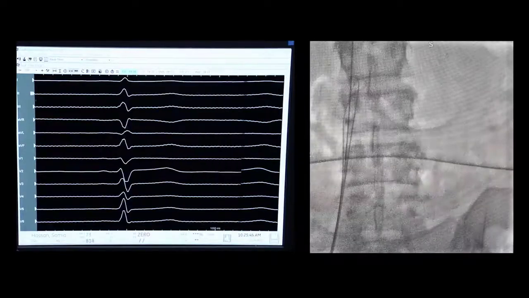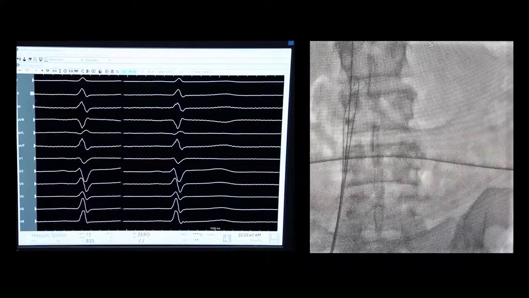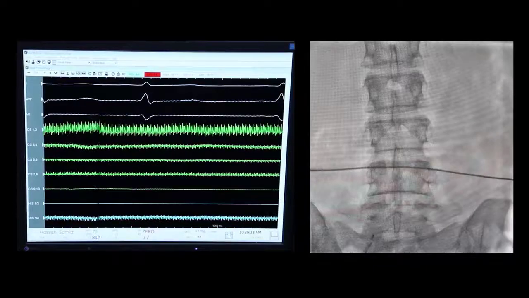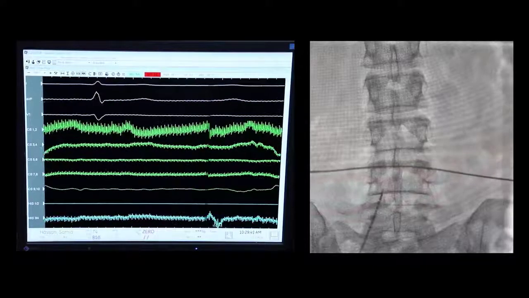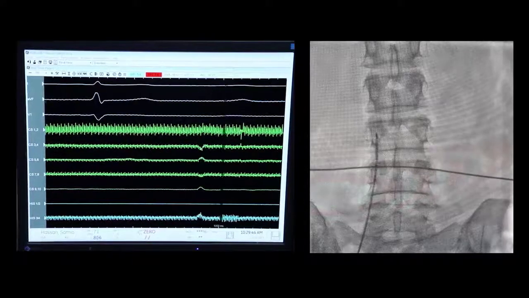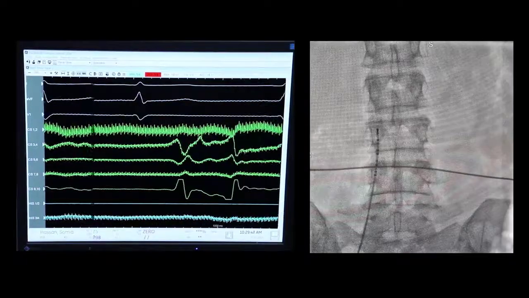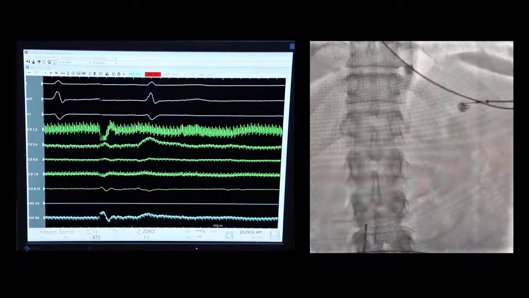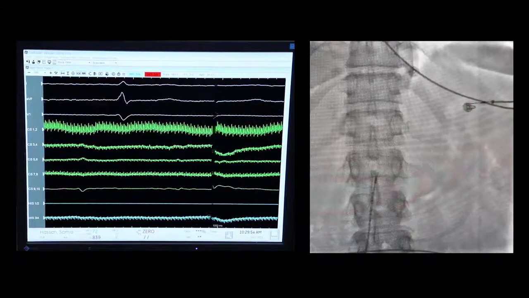You can see the 3 venous punctures in the right femoral vein, and the 3 wires in the femoral vein and in the IVC. We can appreciate the entry of the decapolar catheter via the right femoral vein puncture and via the IVC to the coronary sinus.